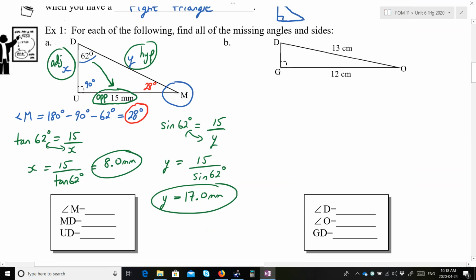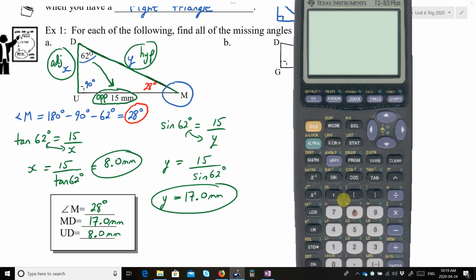Okay, so down below here, angle M we got as being 28 degrees. MD, if I go from M to D, that was the length Y that we got, and so that is 17 millimeters. And U to D goes from here to here. That was labeled as X, and for X we got 8.0. So we've got 8, 15, and 17.